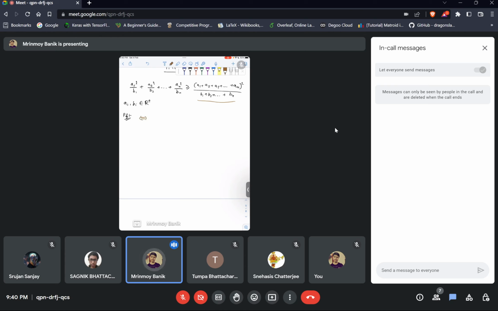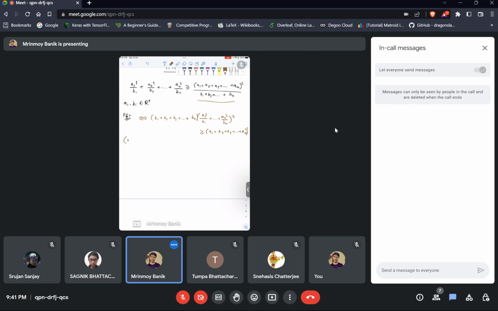So this inequality is true if and only if b1 plus b2 up till bn times a1 squared by b1 plus dot dot up till an squared by bn is greater than or equal to a1 plus a2 plus a3 up till an whole squared.